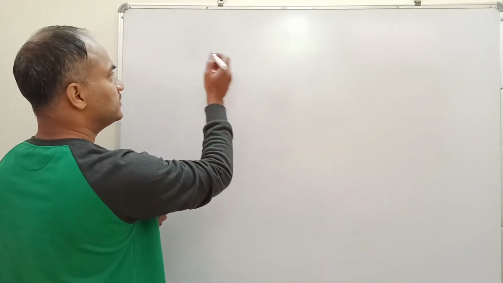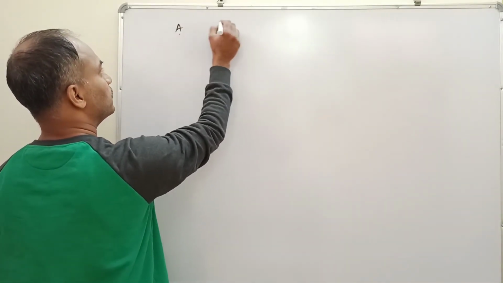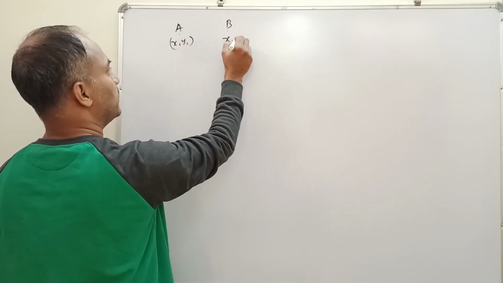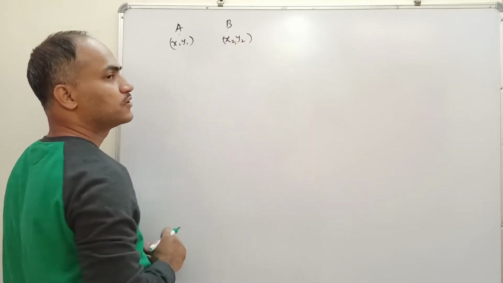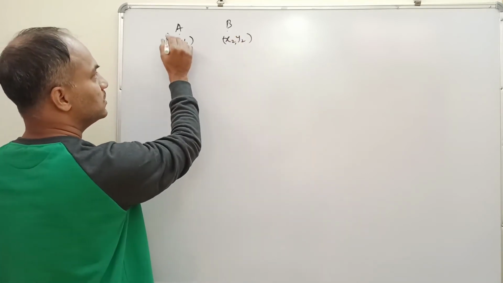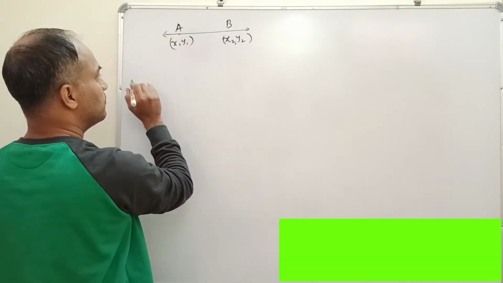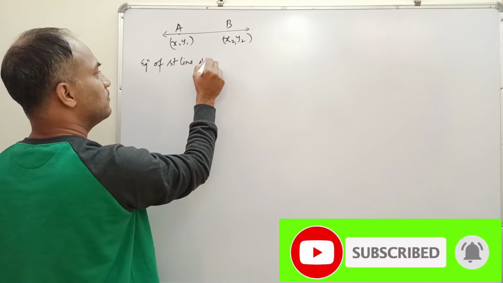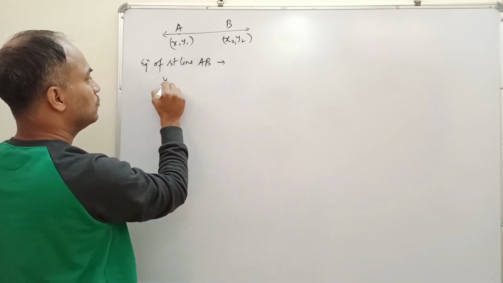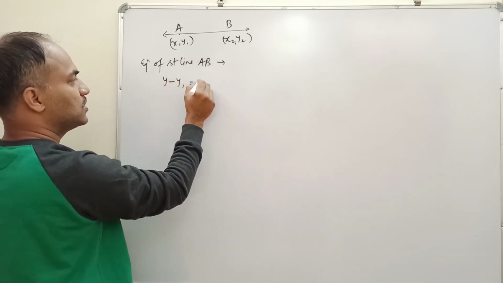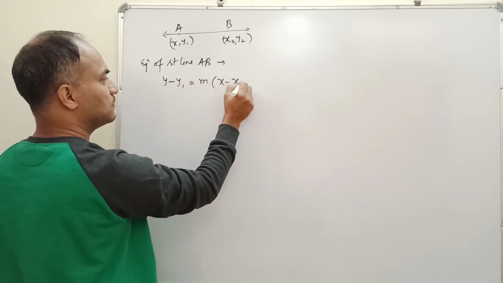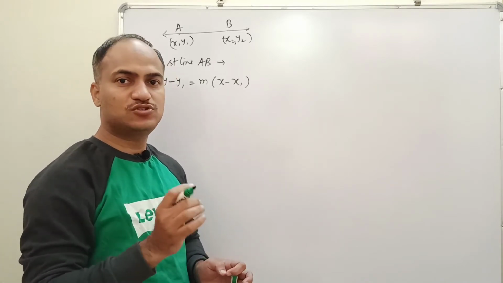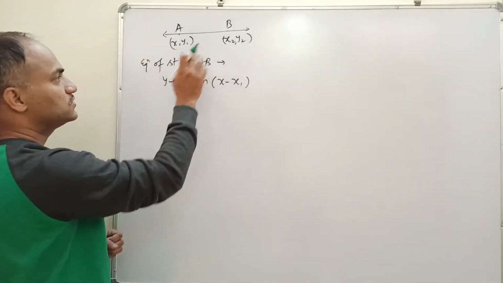We conclude that when 2 points A and B, whose coordinates are (x1, y1) and (x2, y2), are given to us, the equation of the straight line AB will be given by y minus y1 equals m into (x minus x1), because m is the same thing, (y2 minus y1) upon (x2 minus x1), the slope of this straight line.